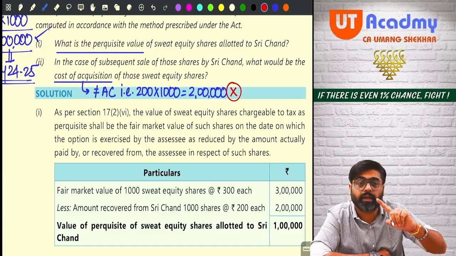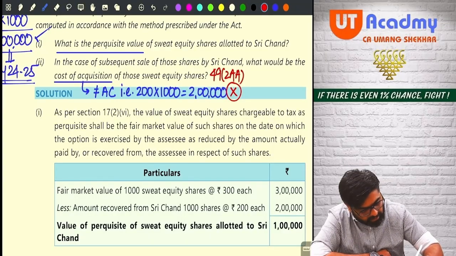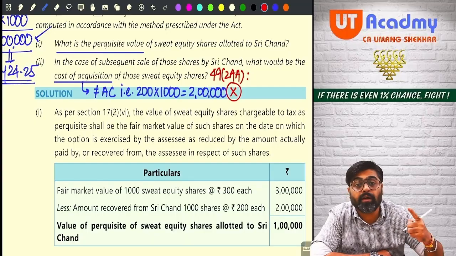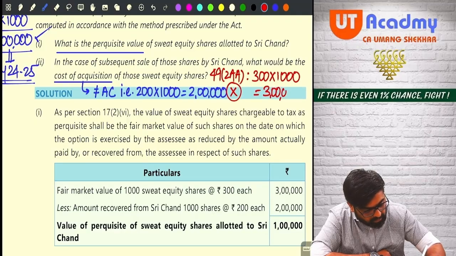Here in case of such type of shares, 49(2)AA is applicable, and as per 49(2)AA, the fair market value as on the date of exercise of option, which was how much? 300 multiplied by 1000 shares, rupees 3 lakhs. This will be treated as the cost of acquisition.